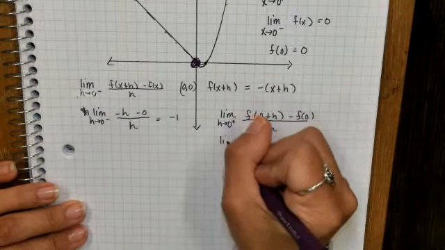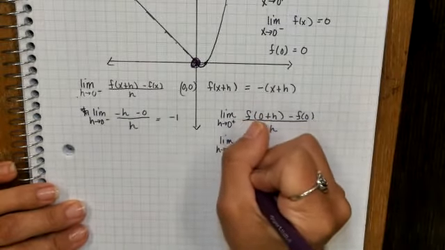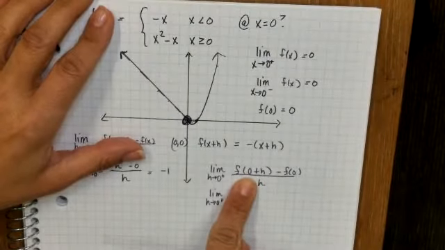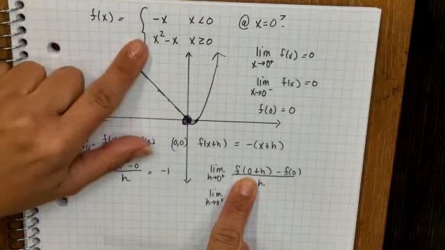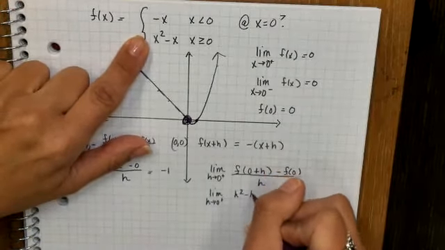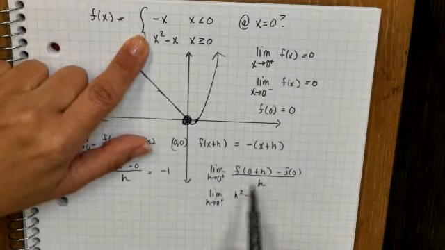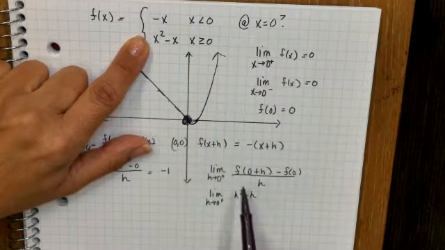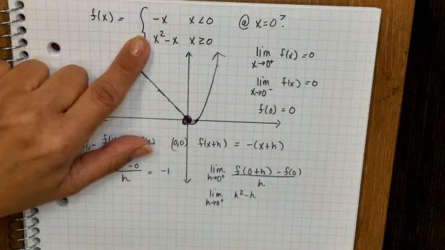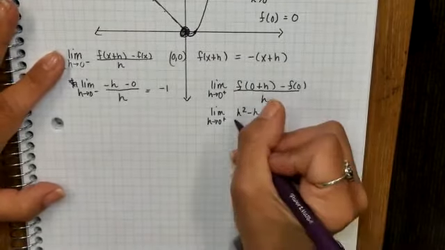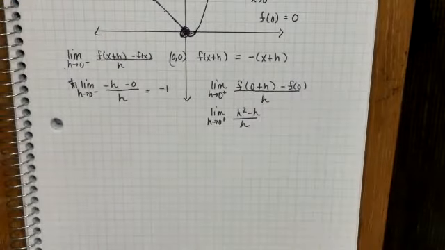Okay, so let's just do some simplifying here. 0 plus h, I believe, is h. So this becomes h squared minus h. I'm using 0 because that's the point that I asked you to find. Plug in 0 plus h, which is h, and I plugged it in here and I got x squared minus x, which is now h squared minus h, minus the f of 0, which is 0, all over h.